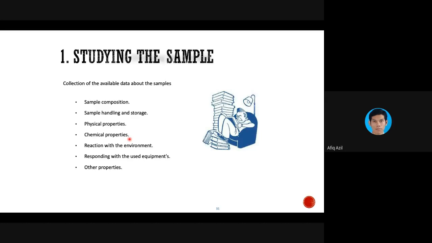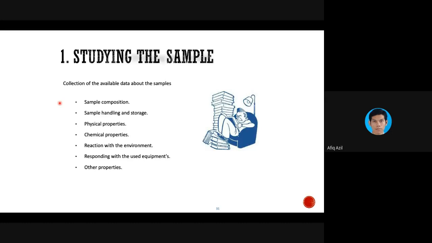This is mainly for known compounds, because when you are doing pharmaceutical analysis, the compounds are mostly known. You are not synthesizing a new compound or extracting from a plant. Most of the time, the formulation is already there, because in Malaysia, mostly the drugs are generic, meaning that all the drugs are already patented in other countries.